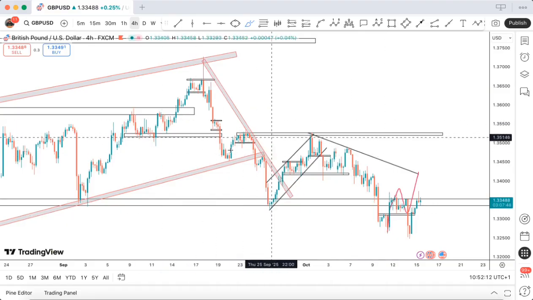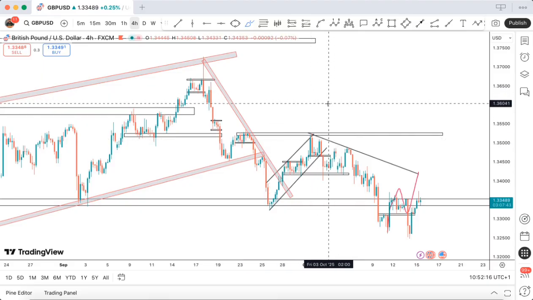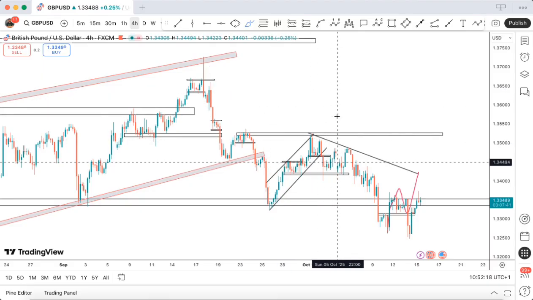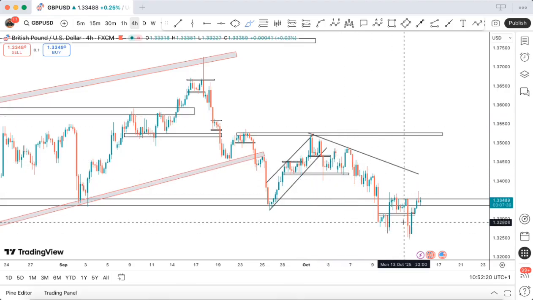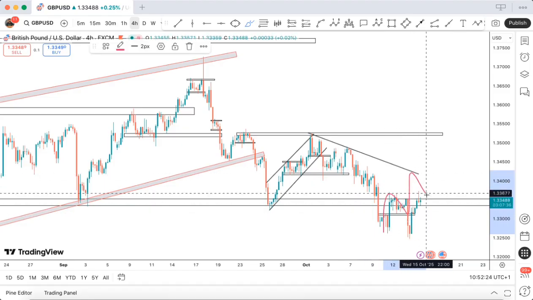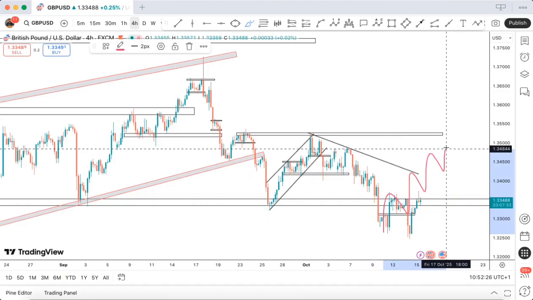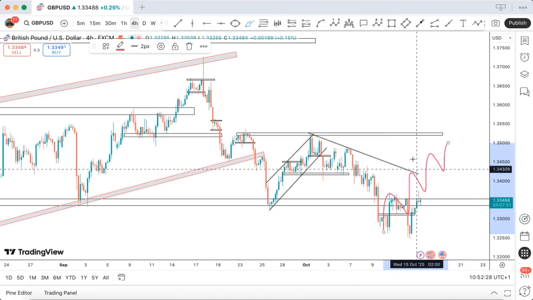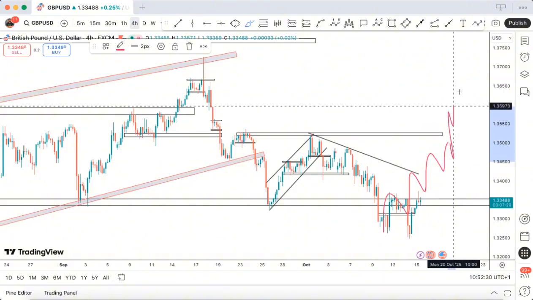So don't see a trend line breakout as a change of direction. It is not always so. Even if we add wave 1, wave 2, then 3, 4, 5, 6, something like this, which is possible, it doesn't really mean a change of direction.